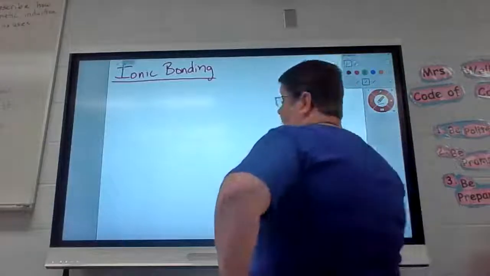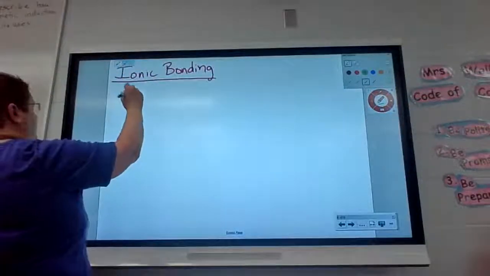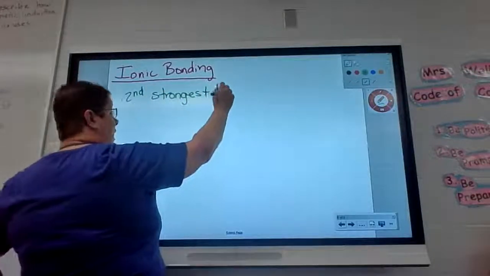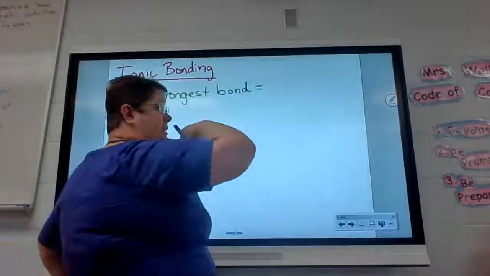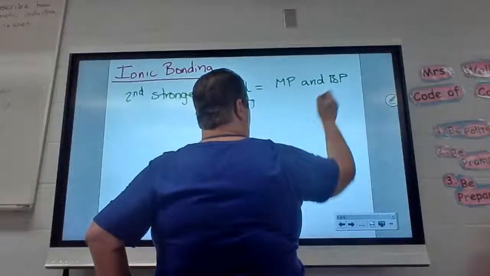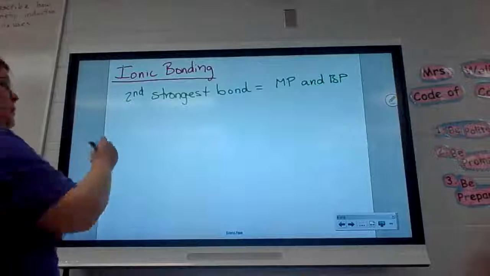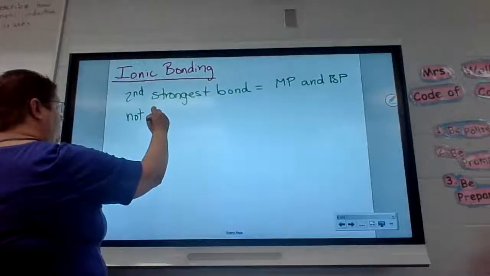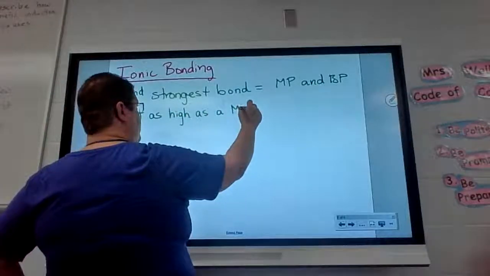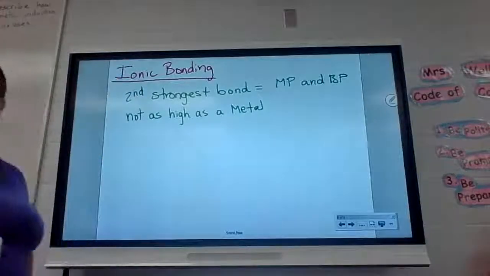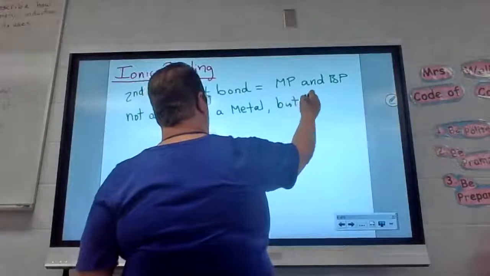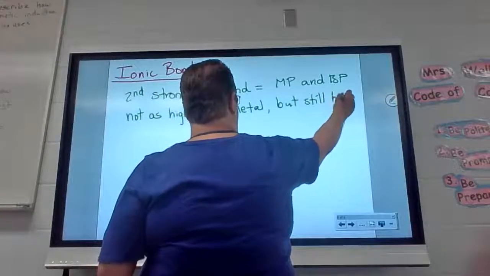properties of ionic bonds. All right? First of all, it is the second strongest bond. So that means that its melting point and boiling point are not as high as a metal, but still high.